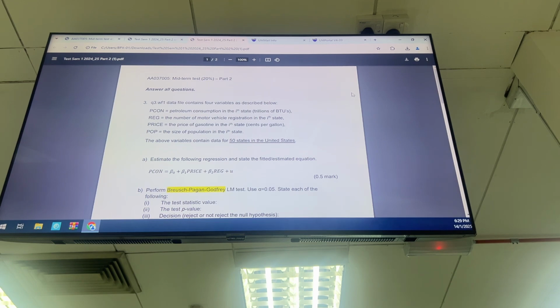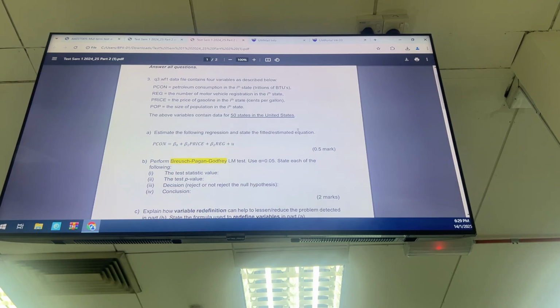The first one is petroleum consumption. The data is for 50 different states in the United States, so we have a total of 50 observations. Each one represents, for example, ECON, the consumption of petroleum in each of the states. REG, the number of motor vehicle registrations, the price of gasoline in each state, and the population.